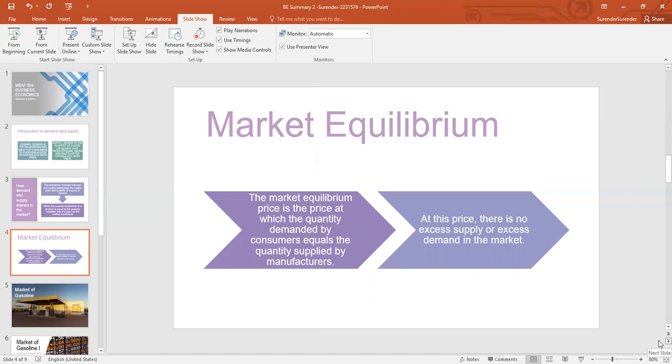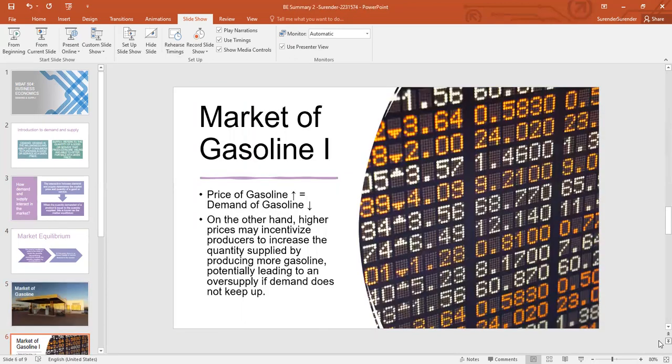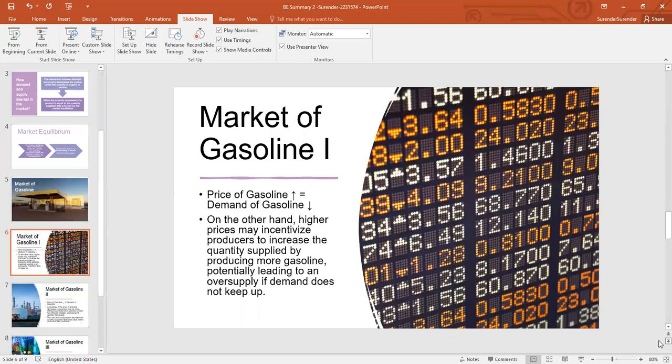Now we will talk about a simple example so that we can have a better understanding of the demand and supply concept. For that purpose, I have chosen the market of gasoline. When the price of gasoline goes higher, the demand for gasoline decreases.